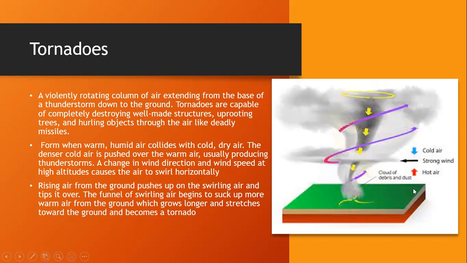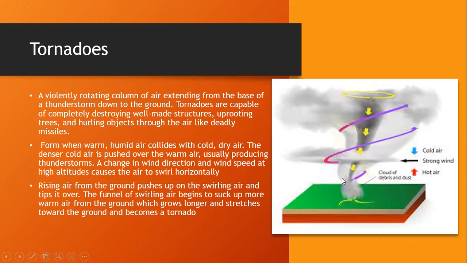So here, in this picture, which didn't come out perfectly, you have the cold air coming down and the hot air coming up. Long story short, that ends up causing this rotating column of air. It's just where the cold and hot air meet, and it's usually caused in a thunderstorm.